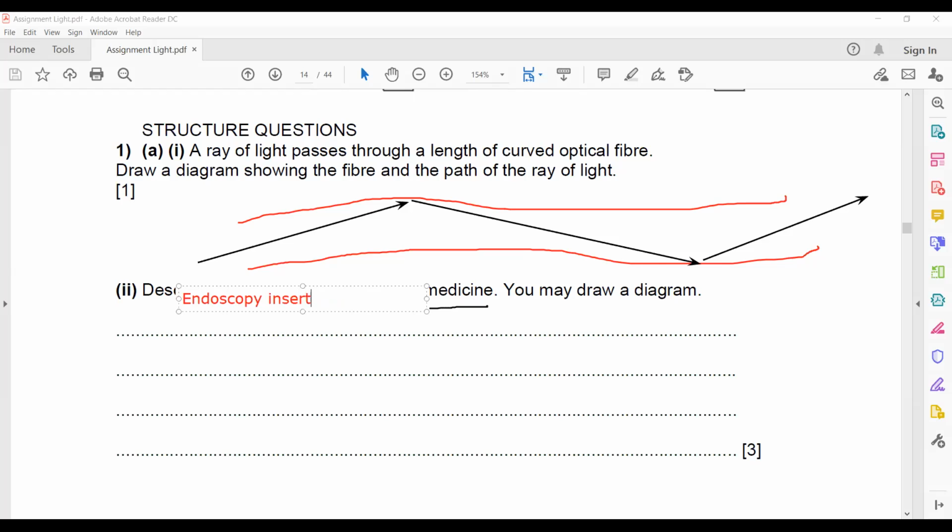Insert the bundle of optical fiber, because the question is how it is used.